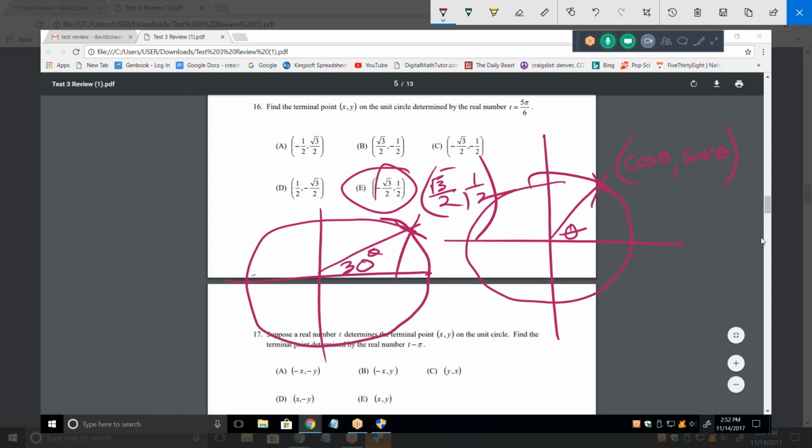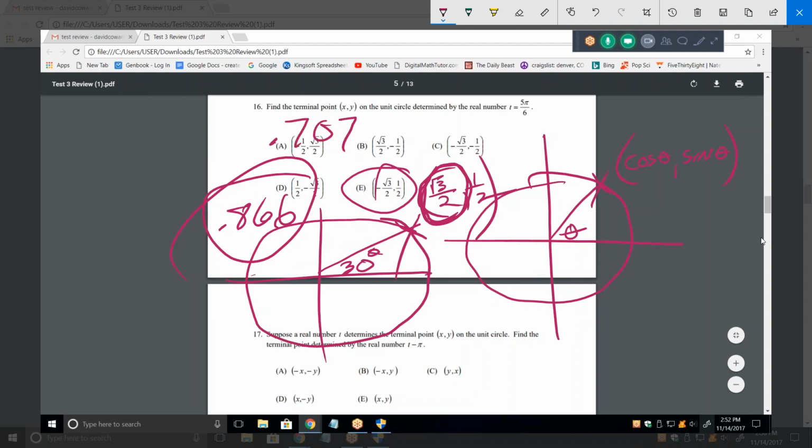Now notice that that's the common answer in trig. You get an awful lot of square root of 3 over 2. Notice that that is 0.866. So when you get a calculator answer of 0.866, you know it's square root of 3 over 2. If you get a calculator answer of 0.707, that's square root of 2 over 2.